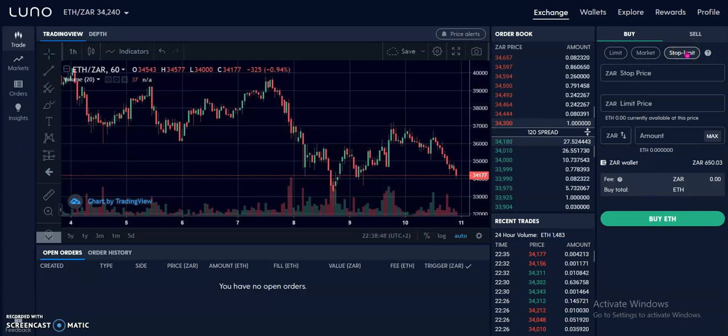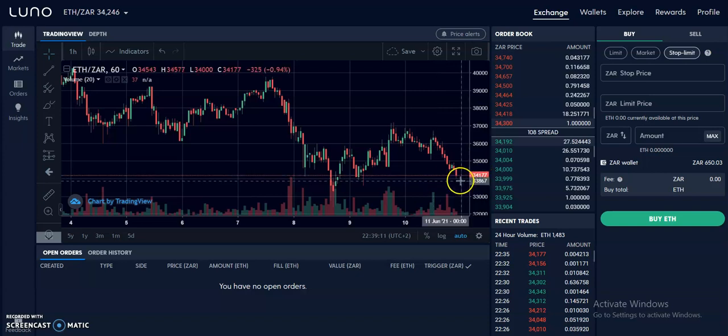So effectively what we are doing with a stop limit order, say if we want to buy, so we want to buy Ethereum. So currently these are the prices the different buyers are prepared to buy at. So let's have a look at our graph and try and get some idea as to what price is a good price to buy.